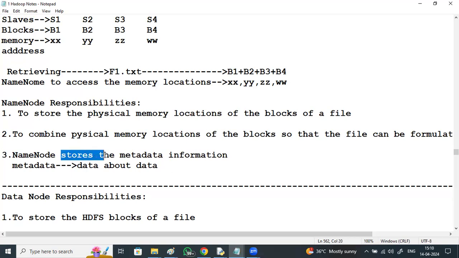The name node stores the metadata information, that is, data about data.